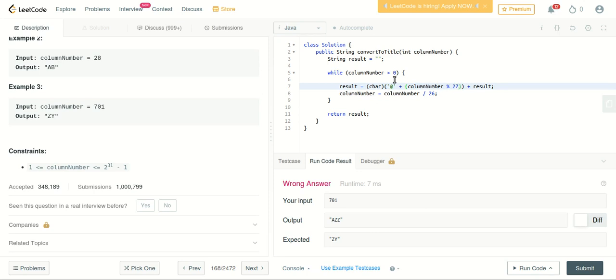So what we can do is let it remain 26 and let us subtract 1 from this number and start from a, and let's try to run it. Okay, I think now it's better. Let's try with 28.